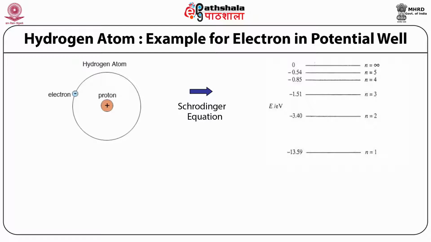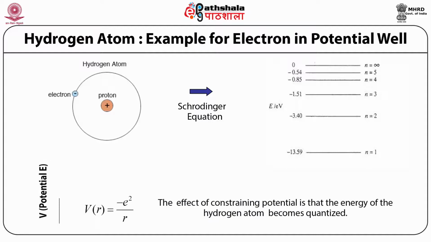So here V is not a constant but a function of r. The effect of constraining potential is that the energy of the hydrogen atom becomes quantized.